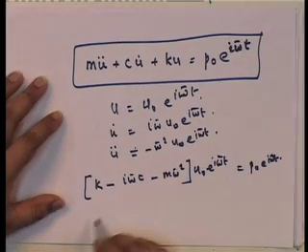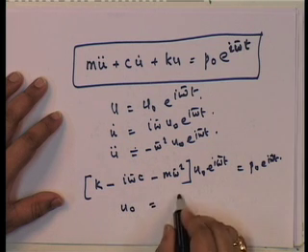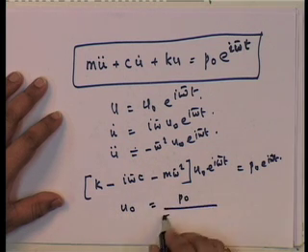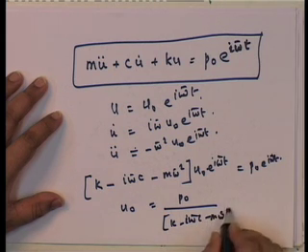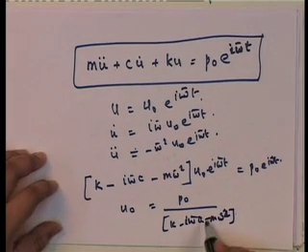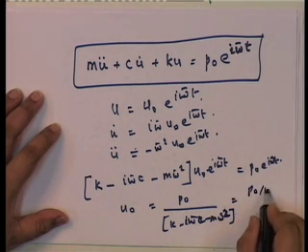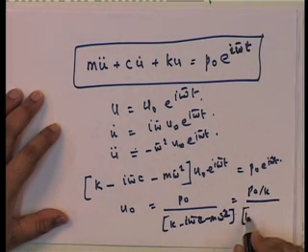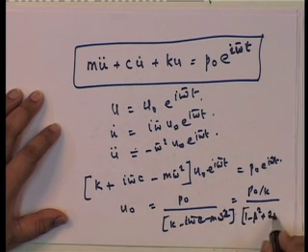So, u 0 is equal to p 0 upon k minus I omega bar c minus m omega bar squared. And this is equal to p naught upon k into 1 minus beta squared plus 2 I xi beta.